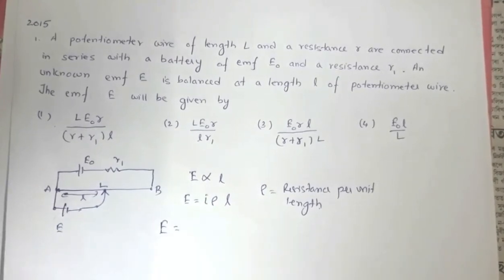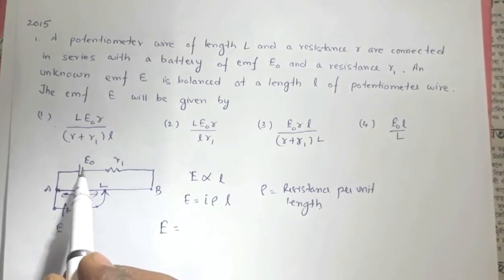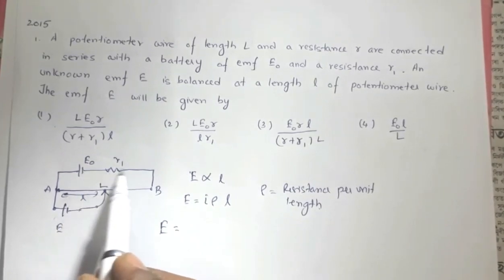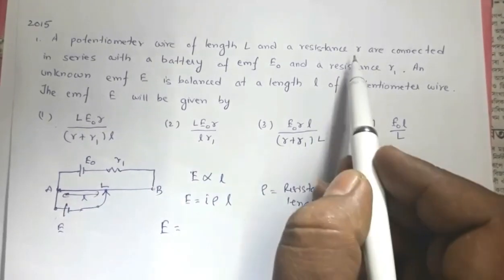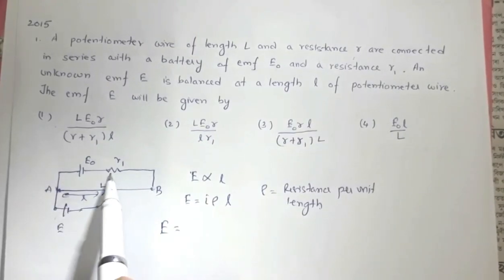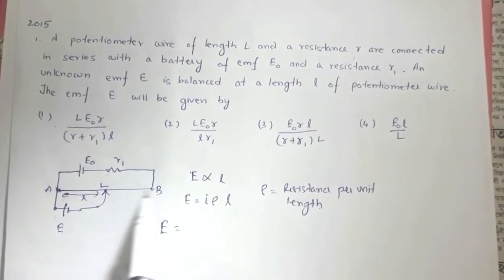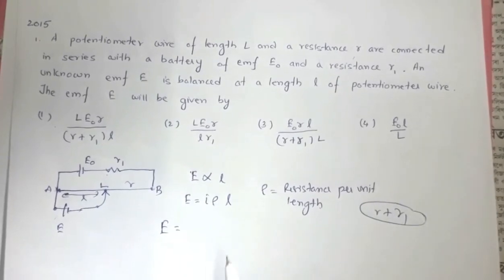What is I? I is the current flowing through the potentiometer wire. As we know, the potentiometer does not draw any current from the circuit under investigation, so it will draw current from this part. Now this part is in series with the potentiometer resistance, which is given as capital R. The internal resistance of the cell is R1. So this R1 is in series with this AB part of resistance R, so the total resistance will be R + R1.